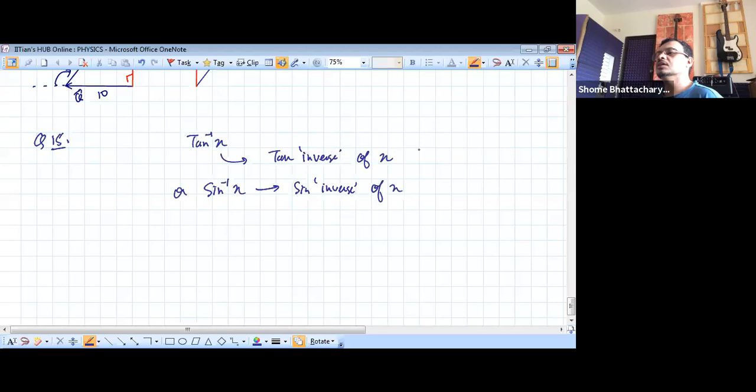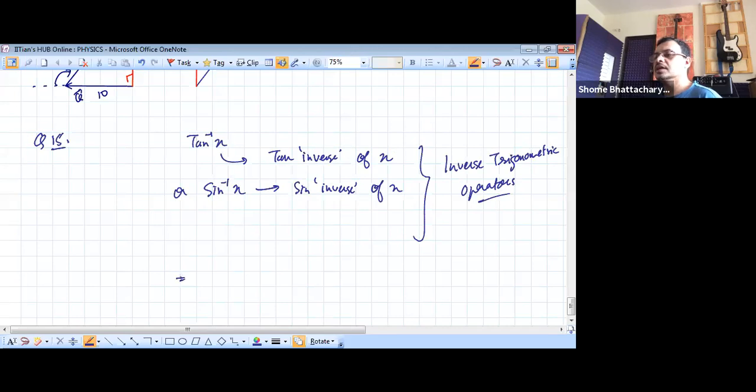These come under the category of what we call inverse trigonometric operators. As the name suggests, what does inverse mean? It is the inverse of the operation tan.